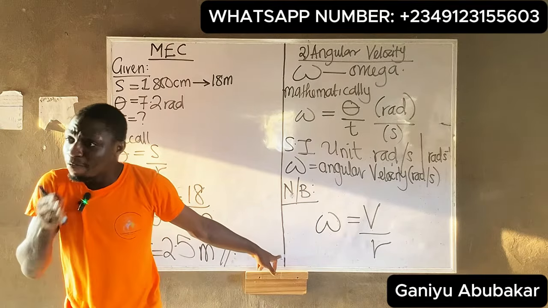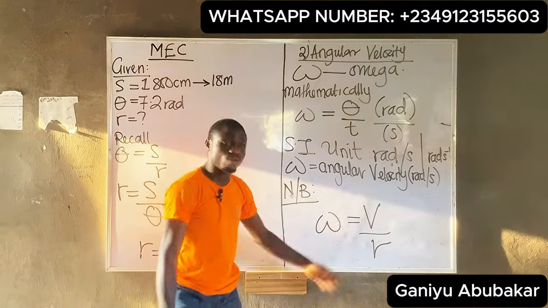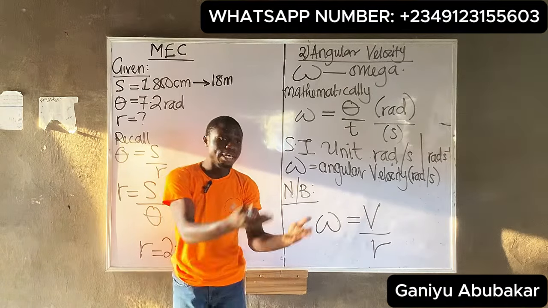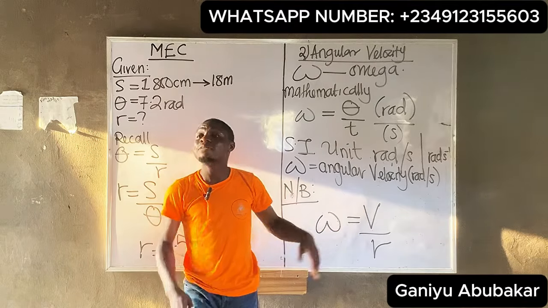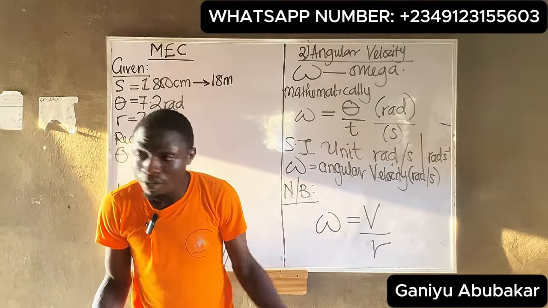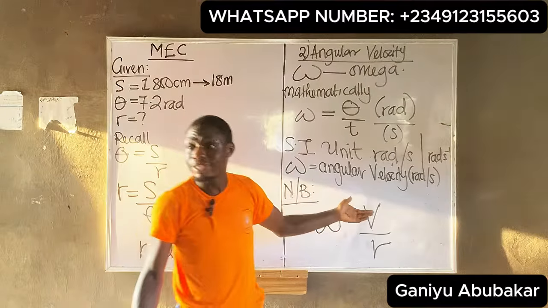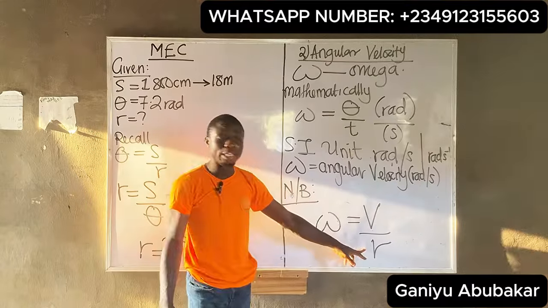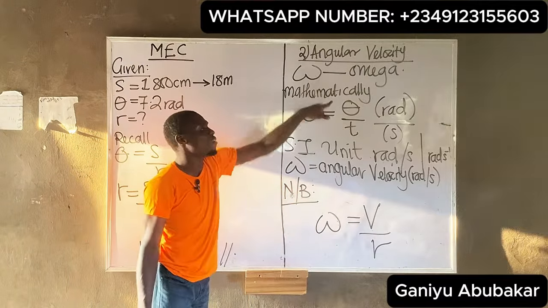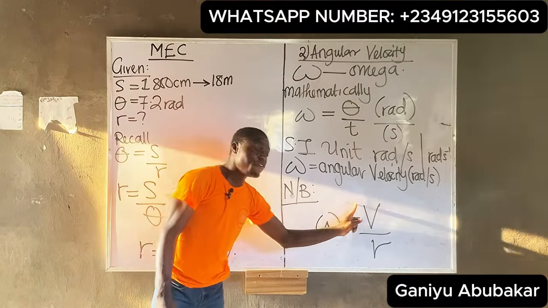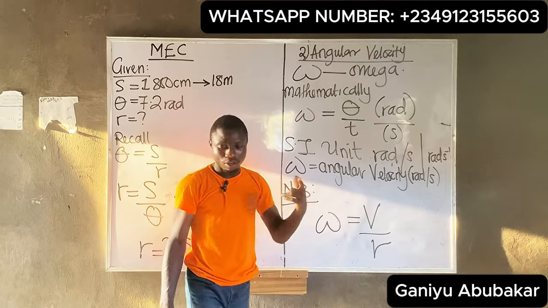Omega is v over r. What's r? Radius, in meters. Your velocity is in meters per second, and this one is in meters. So note that omega is v over r.